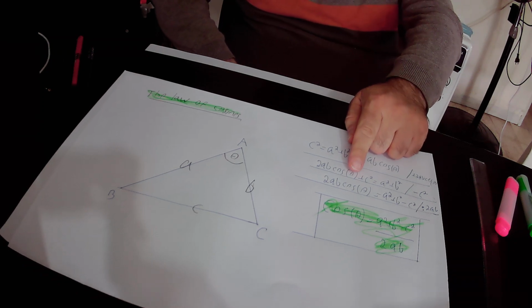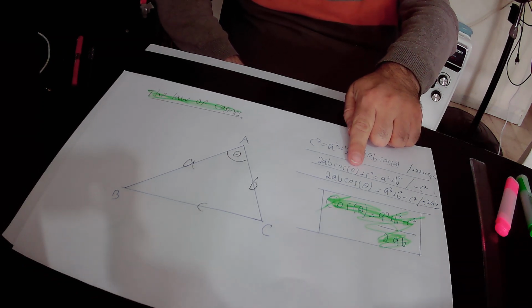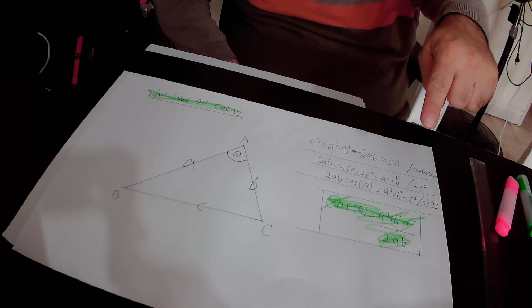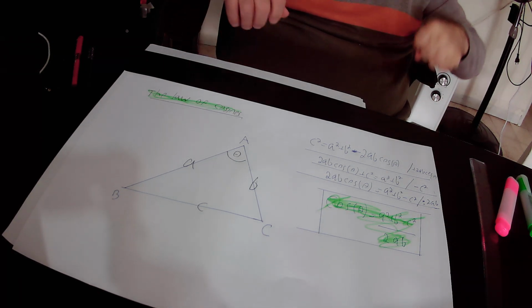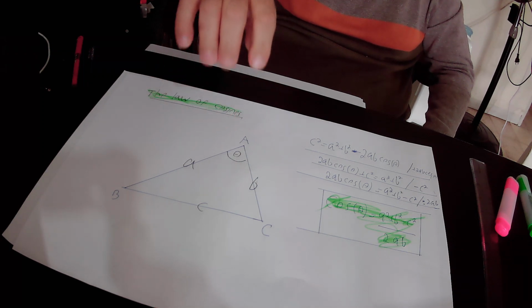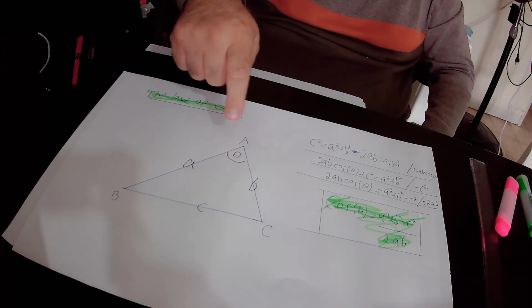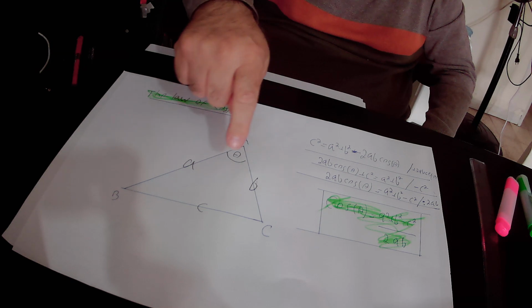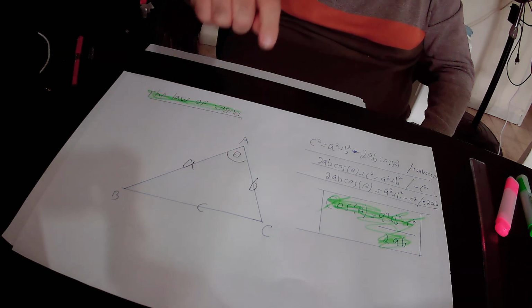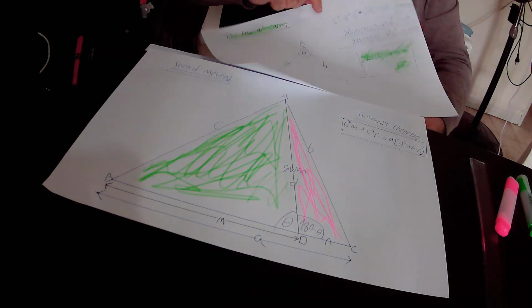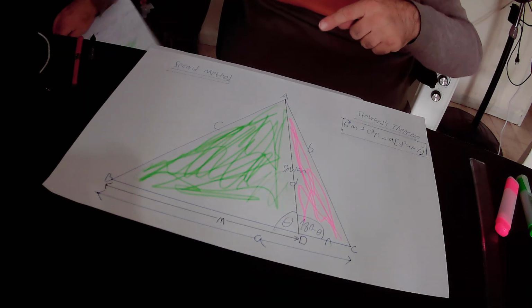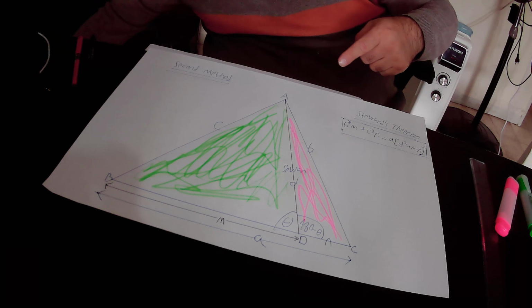Then we divide by 2 times AB, and we finally get that cosine theta equals A squared plus B squared minus C squared over 2 times A times B. We will implement the law of cosines in the gray triangle ABD.